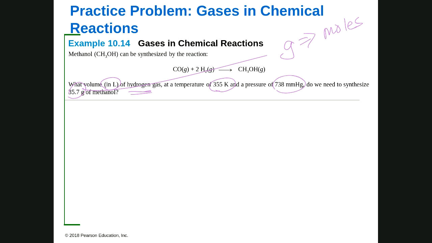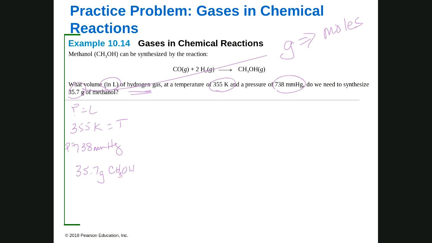So I take inventory first, of course. I'm looking for liters. I have a temperature of 355 Kelvin. I have a pressure of 738 millimeters of mercury, so that's my pressure. And I have 35.7 grams of CH3OH.